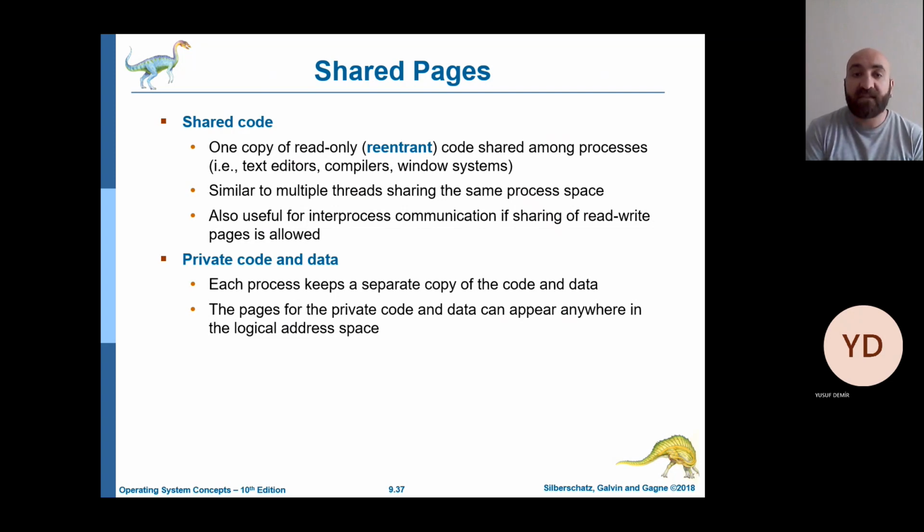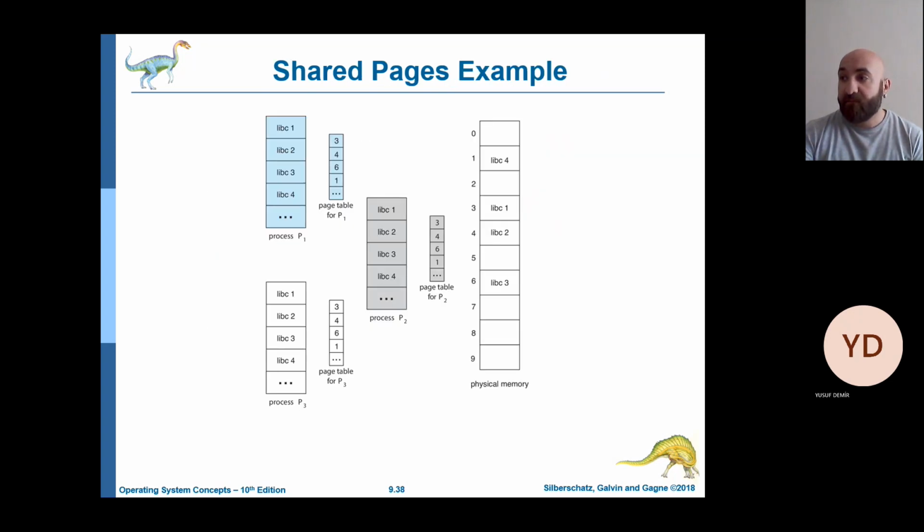Only one copy of the standard C library needs to be kept in physical memory, and the page table for each user process maps onto the same physical copy of that C library. Here we have an example. We have libc, a C library, so it's shared among different processes. Let's say we have process 1, process 2, and process 3, all of them using that shared library.